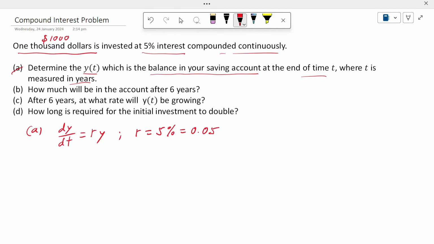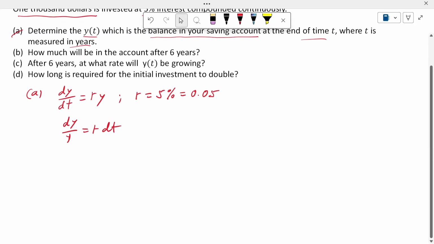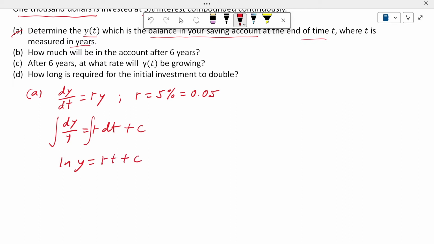So we need to find y. We do the integration on this. We separate it, make it separable, and integrate on both sides. The integral of 1 over y gives ln y, and on the other side we get r t plus C.